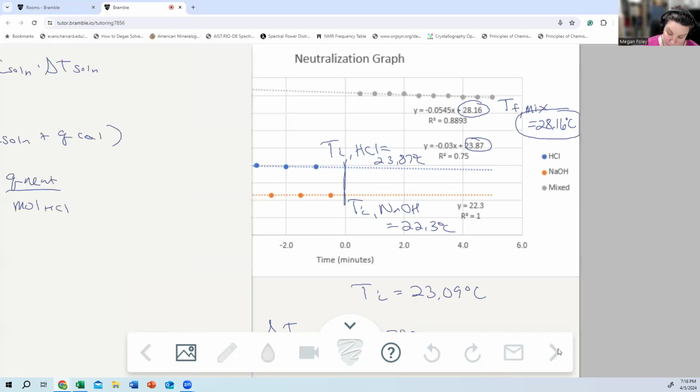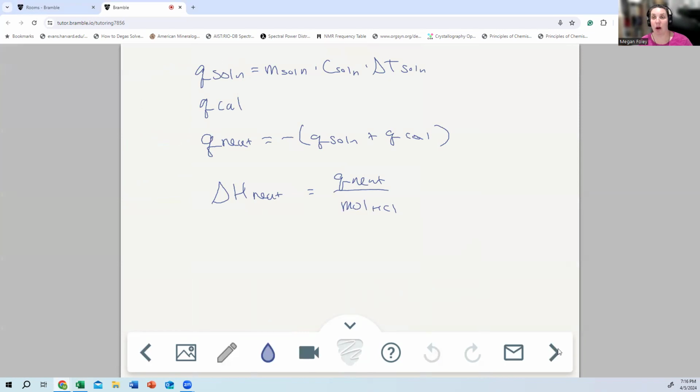Our total solution volume, we had 50 milliliters of 1 molar hydrochloric acid and then 50 milliliters of 1.05 molar NaOH, which is why our HCl is our limiting reactant. So we are going to add those two together. So our solution is 50.0 milliliters plus 50.0 milliliters, which gives us 100 milliliters.